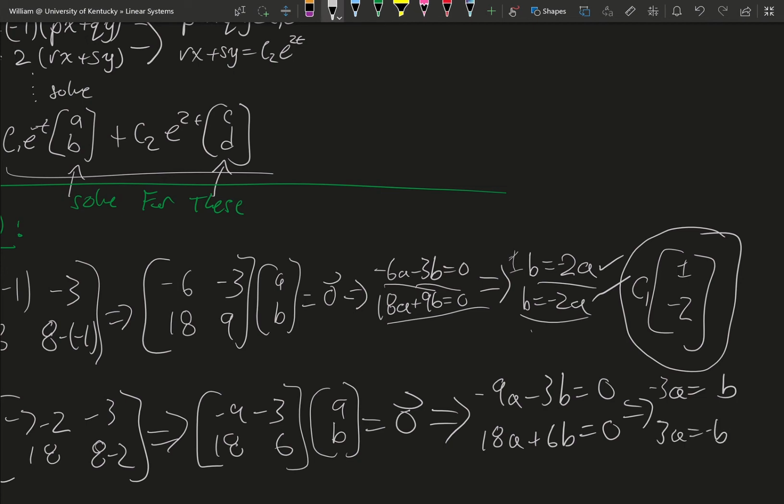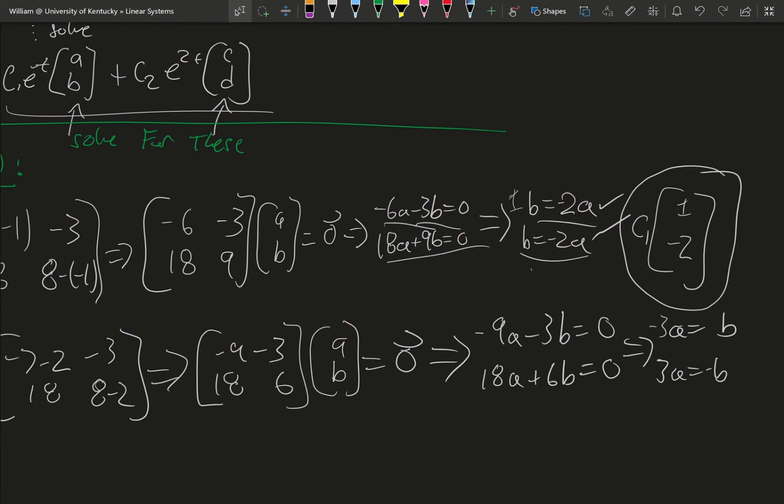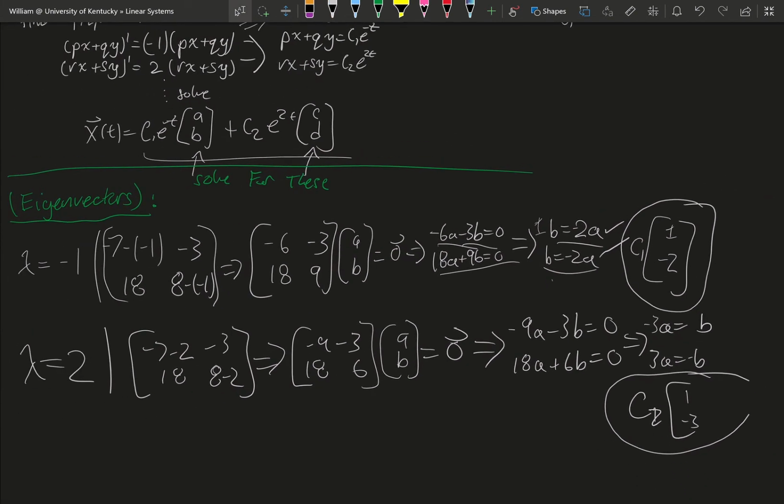So again, we can see this is basically the same equation, doing the same thing as last time. We can just say our solution is going to be a is 1, b is -3. At this step, we're basically done.